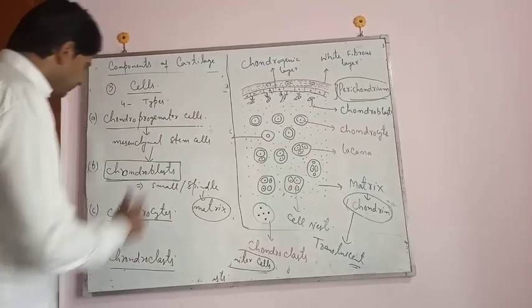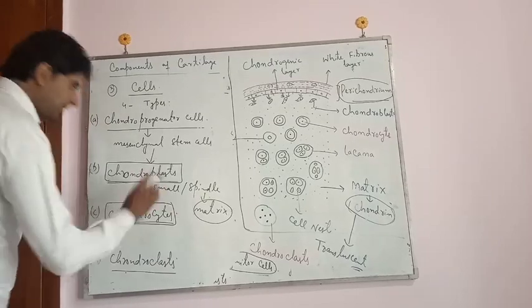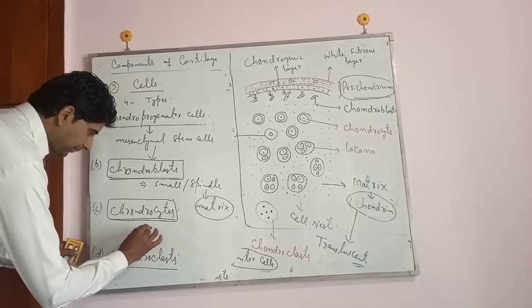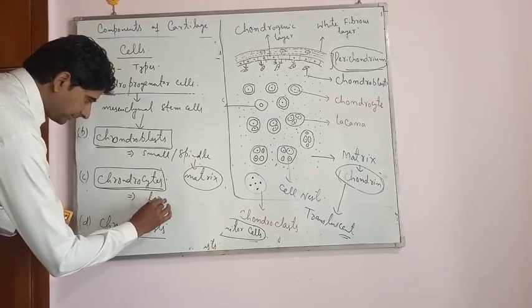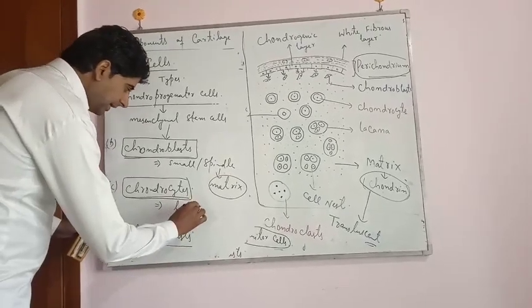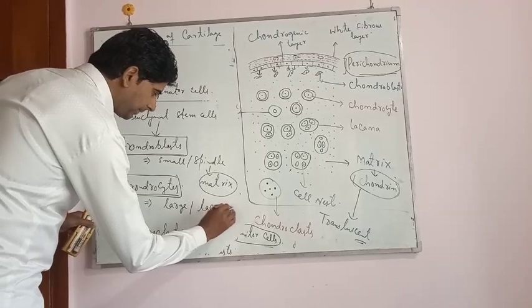Now, moving towards the next type of the cells, third type of the cells, that is the chondrocytes. These chondrocytes are large in size and are present in the lacunae of the matrix.